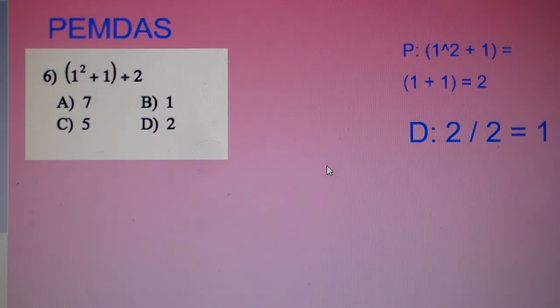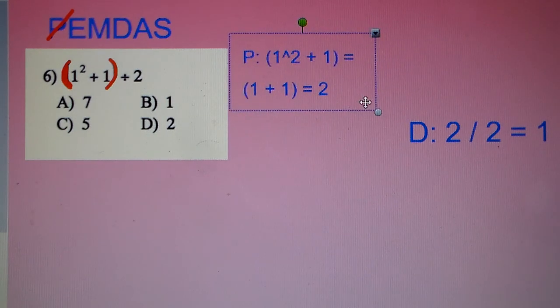Number 6. We have inside the parentheses here a whole new set of operations that we've got to take care of. There's no extra set of parentheses on the inside, but we do have an exponent, so 1 squared is just 1. And then 1 plus 1 gets us 2.